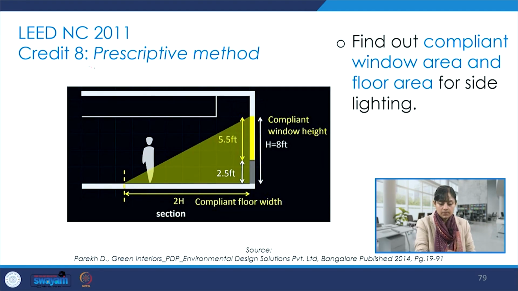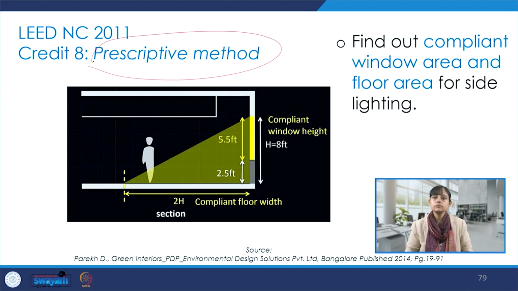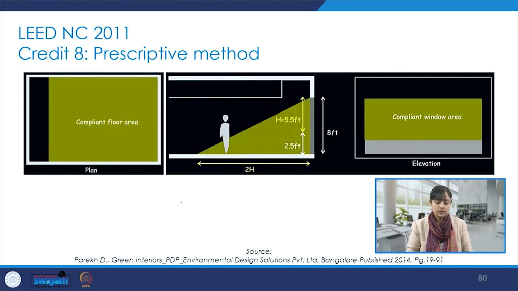There is also a prescriptive method, and here we find out compliant window area and floor area for side lighting. So if this is the compliant window height, this is normally the compliant floor width. So h to 2h. This is how it looks in plan, the floor area.